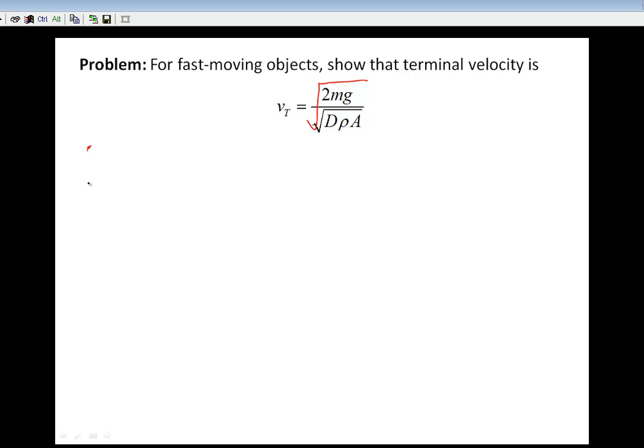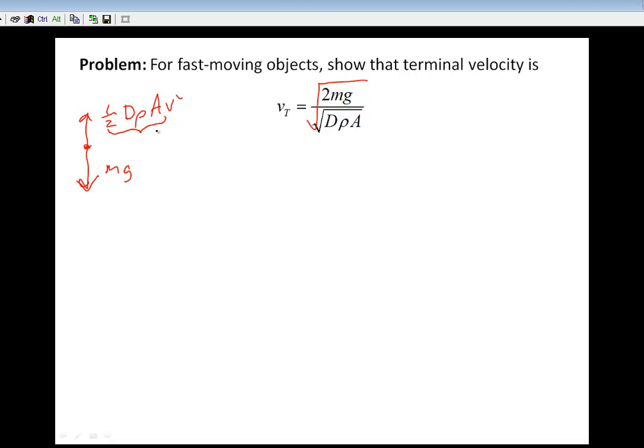We get mg down at terminal velocity, and up we get 1/2 d rho a v squared. This is the part that's called the C portion of it.